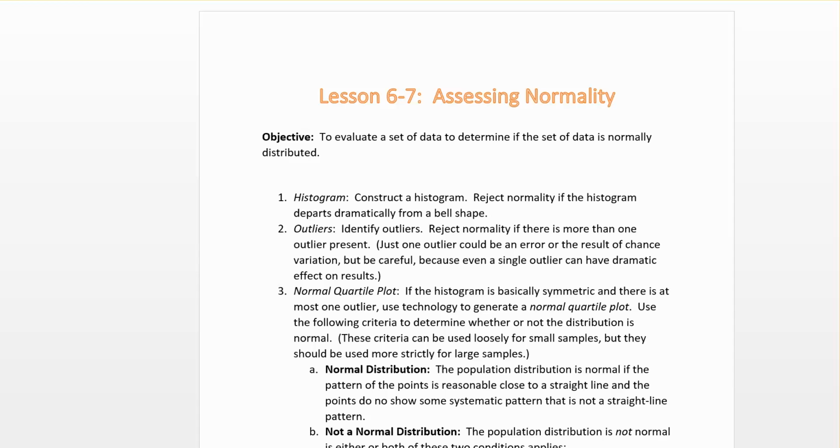And then finally, looking at a normal quartile plot and determining if it looks like it has a linear relationship, then yes, we would say it comes from a population that is normally distributed. If it wasn't linear or had some systematic pattern to it, we decided it would not come from a population that is normally distributed.